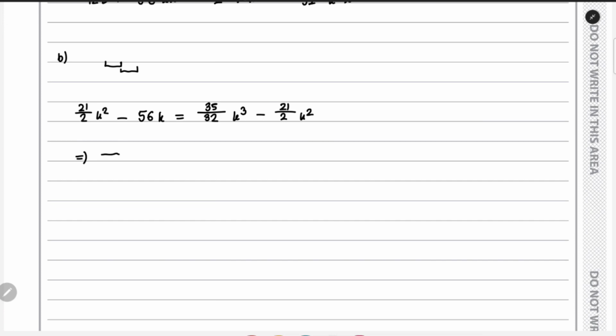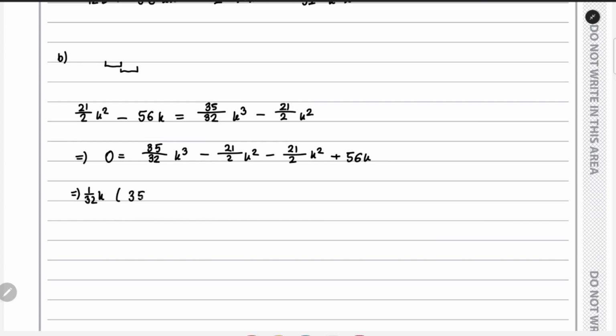If we take everything to the right, we'll have 0 equals 35 by 32 k cube minus 21 by 2 k square minus 21 by 2 k square plus 56k. We can take k common. We can take 1 by 32k common to remove this denominator over here.